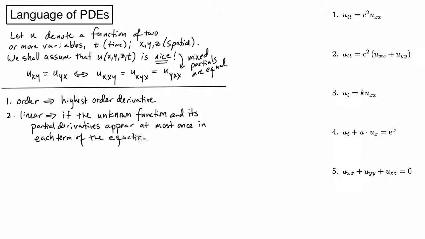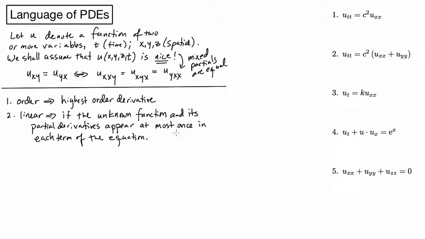For each separate term, there can only be one u term. So you can't have things like u times the derivative of u. That would be nonlinear. If it fails to be linear, then you're nonlinear.